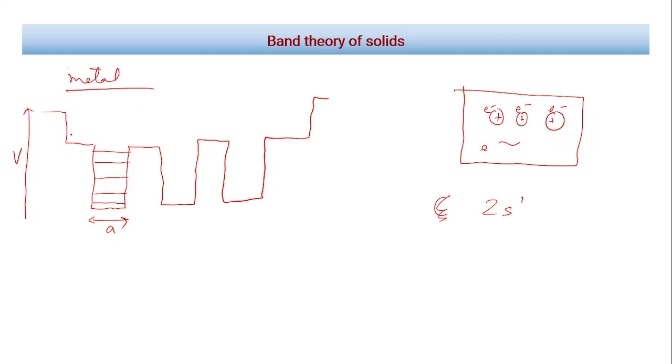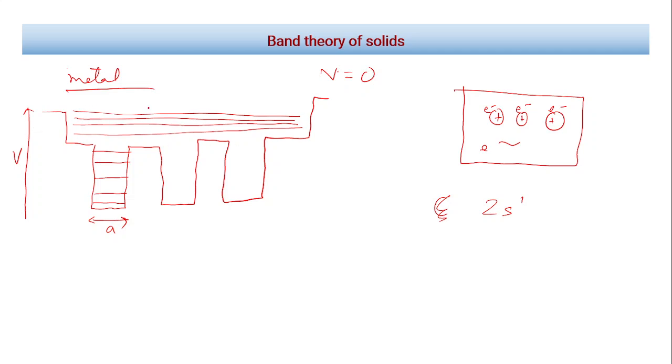For that, the potential energy is higher, and the electrons which are completely out of the metal, if they go, then their potential energy will be 0. So the potential energy is like this.